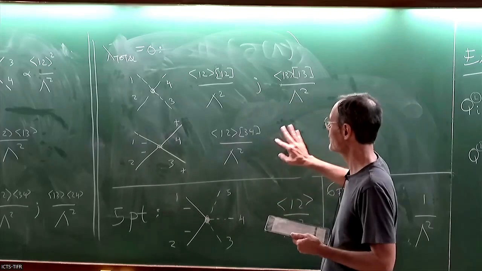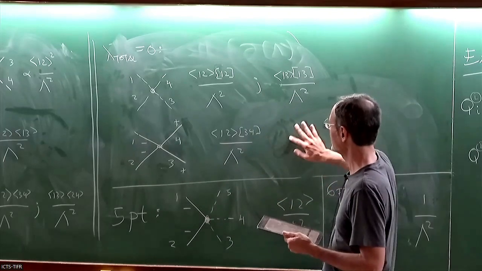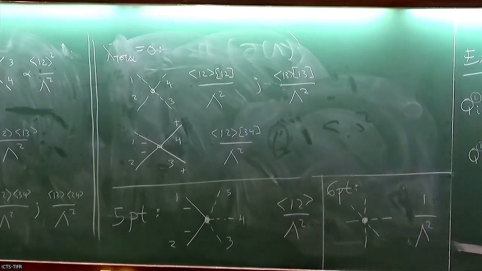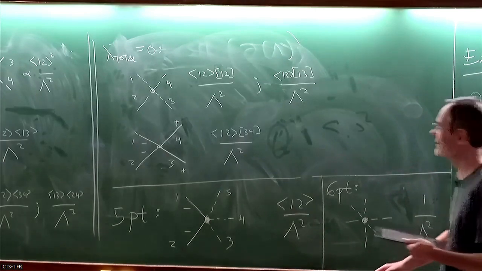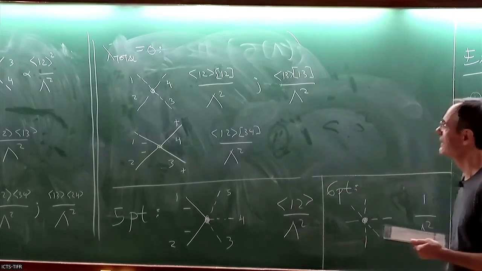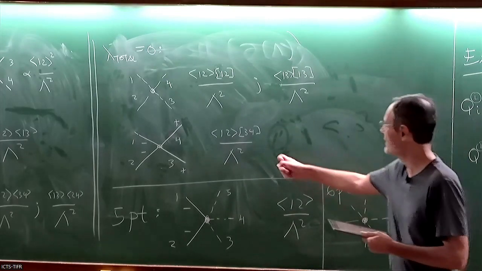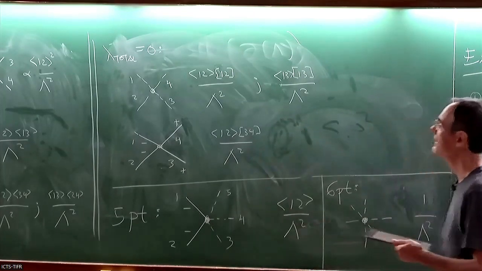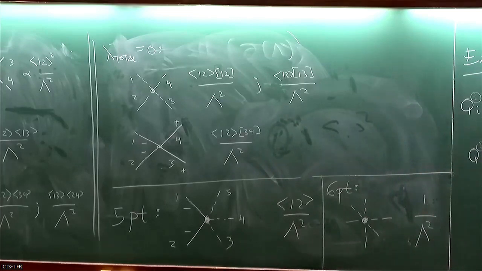So when I start putting flavor, I have to write here the invariant tensor, and tell you how I pack the flavor indices. I have to write an invariant tensor because I have the symmetry. But it's relatively simple to see that you are not missing anything.